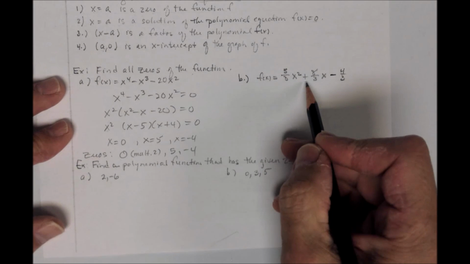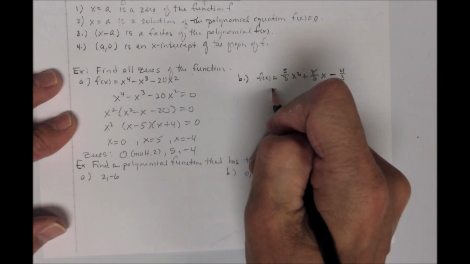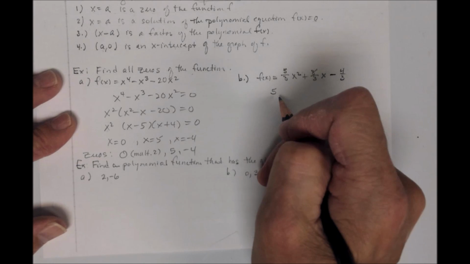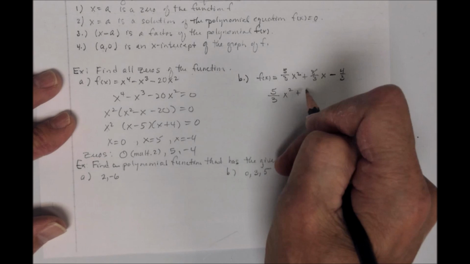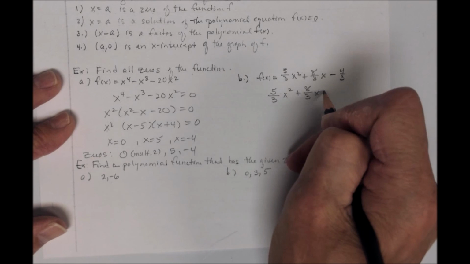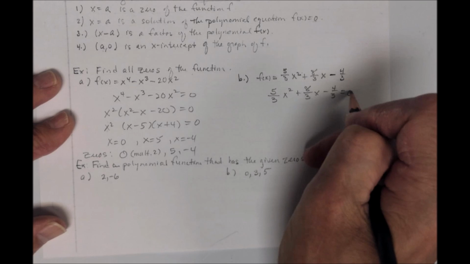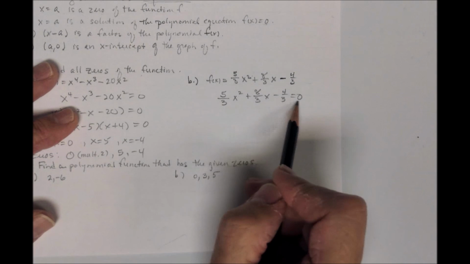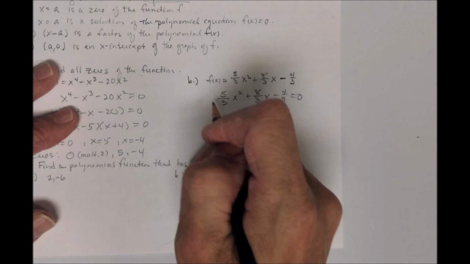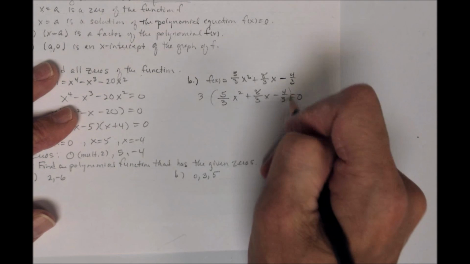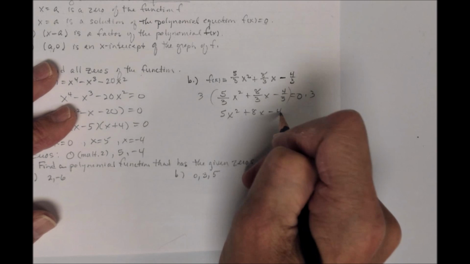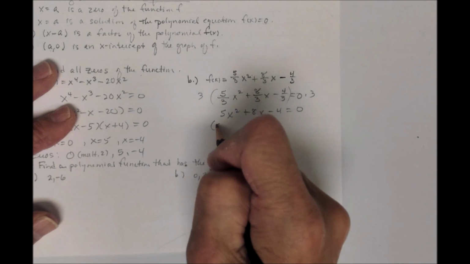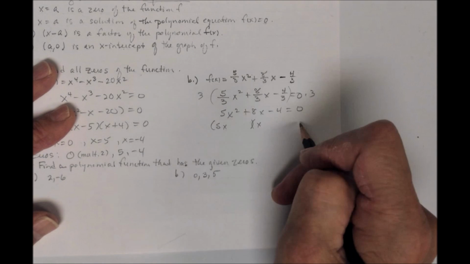Now here, this one looks kind of messy. It is quadratic, so at least you could use the quadratic formula if you have to, but you set this thing equal to 0. I just don't think you probably want to with the fractions. Now, I would multiply through by 3 to get rid of the fractions. If I multiply both sides by 3, I get 5x squared plus 8x minus 4 equals 0. And with a little luck, this will factor.